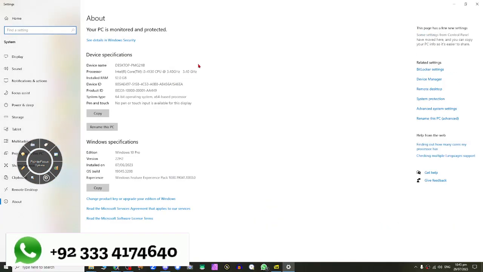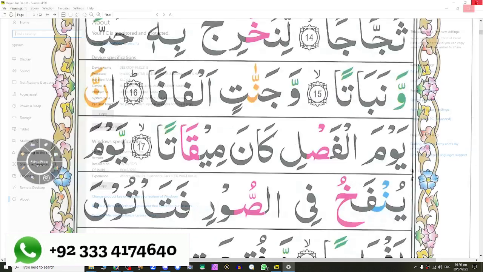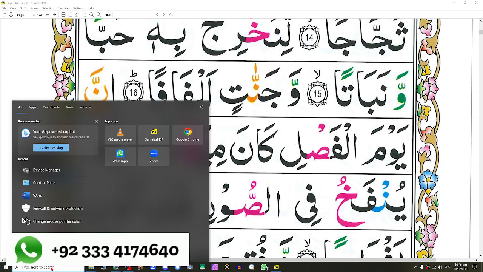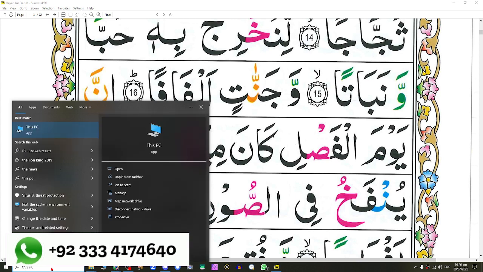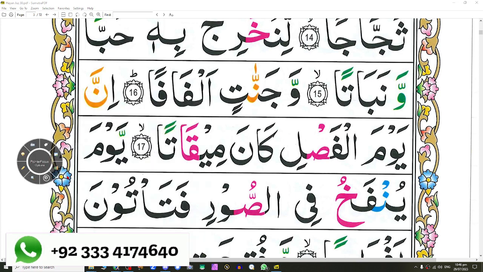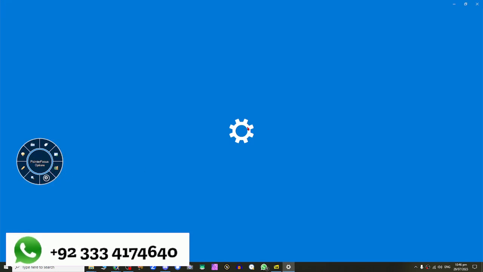Yeah, open. On this PC you have to right click and then properties. So, device name. Installed RAM 16 GB. Yeah, 16 GB is good enough.